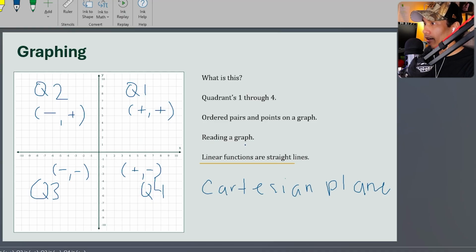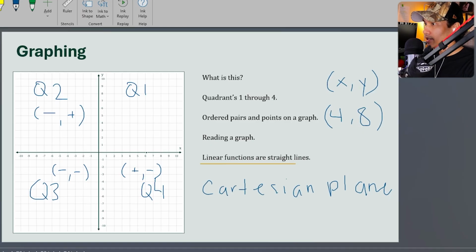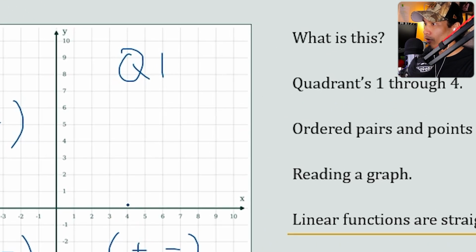How we would read a graph. So let's just use the ordered pair 4, 8. And this is an ordered pair. This just means x and y. The 4 is on the x-axis and the 8 is on the y-axis. So I would go to my 4 over here, and I'm just going to put a little dot there for you.